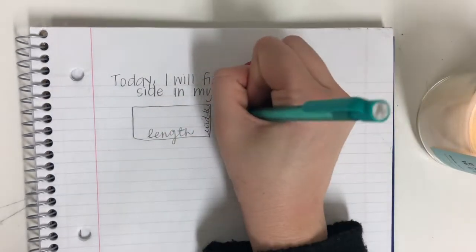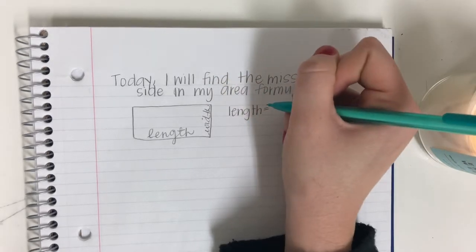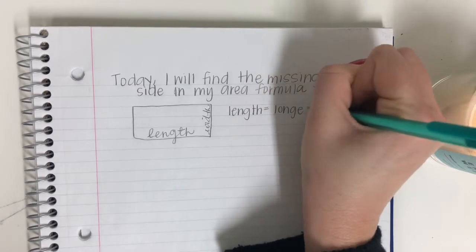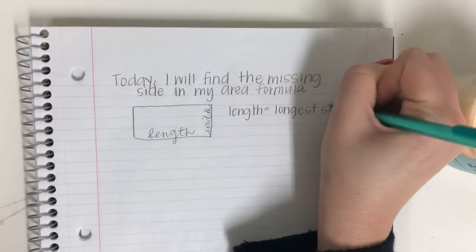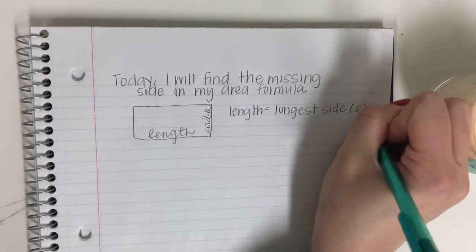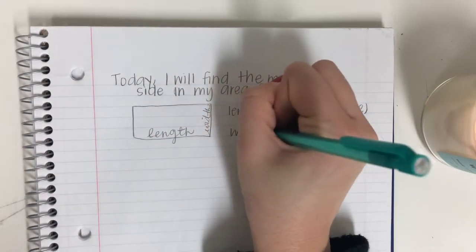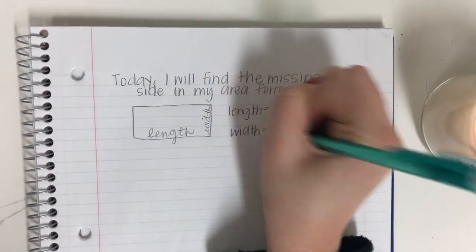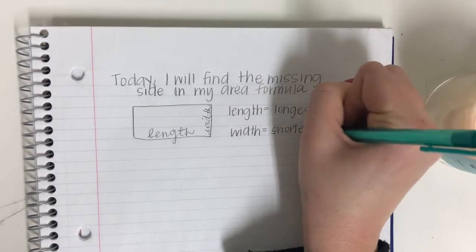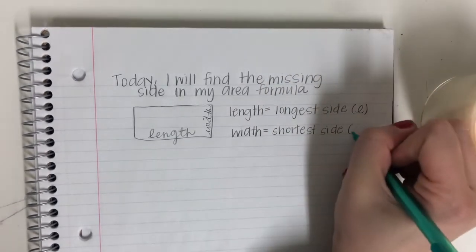The length equals the longest side, or L, and our width equals the shortest side, and that's represented with a W.